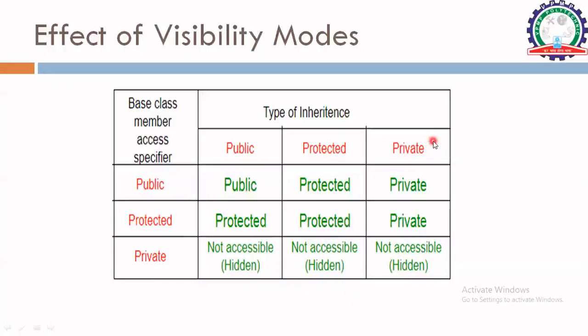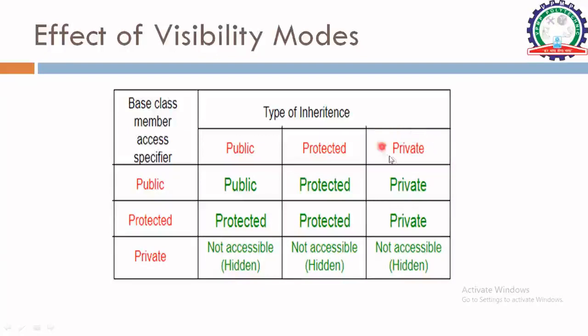Now let's see the private visibility mode. That means we are deriving a new class from the base class using private visibility mode. So what happens? The public members of the base class will be considered private members if we derive a new class privately from the old class. Again, protected members will also become private members if we derive a new class privately.